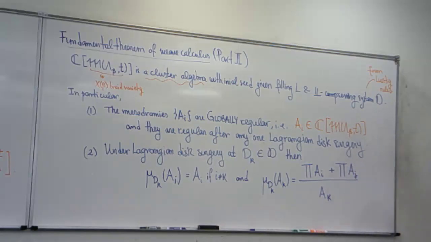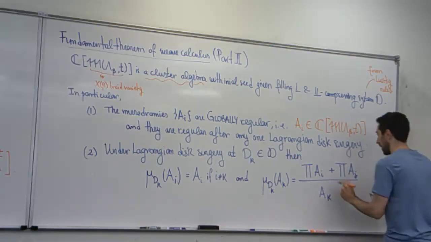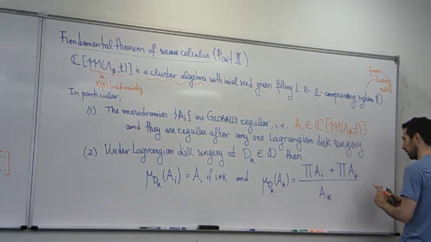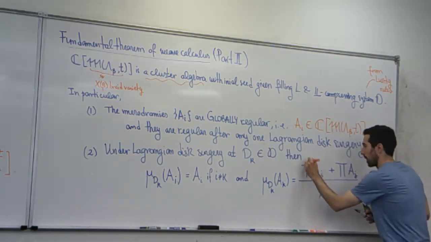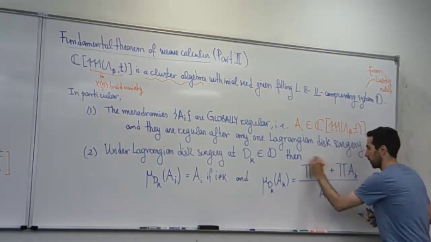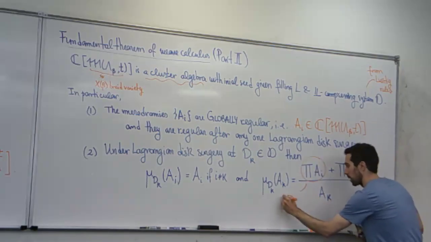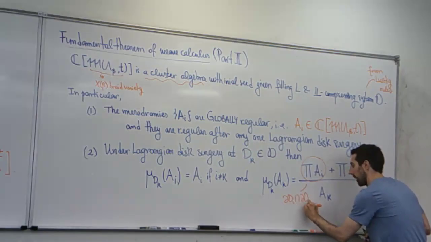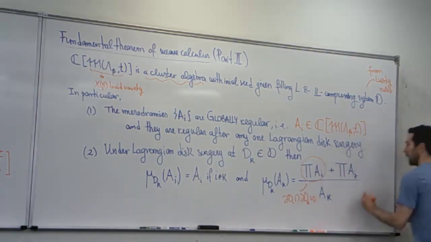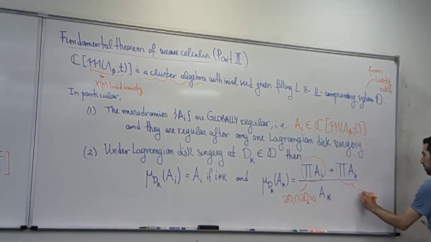And what is the something? This is the product over the A_i such that the boundary of D_i intersects the boundary of D_k positively. And this is the product over the A_j such that the boundary of D_j intersects the boundary of D_k negatively.